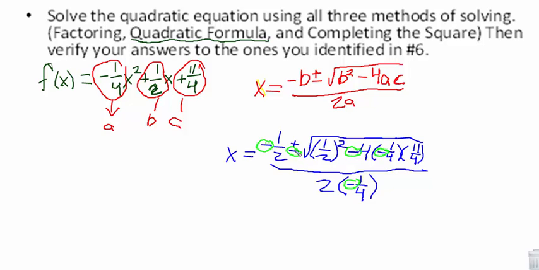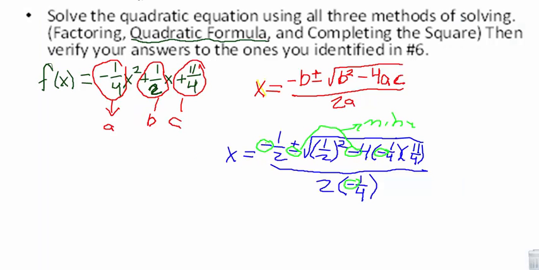The only two minus signs here are this one and this one. Everything else is negative. So anything you're plugging in for A, B, or C is negative. These two here are my minus signs.